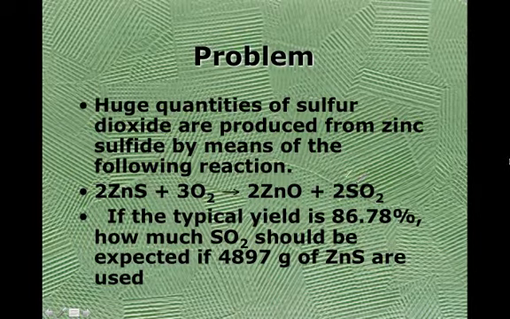So we're going to solve for A, over, we need to figure out the theoretical, so we can't use 4897 because that is not SO2, right? We need how many grams of SO2. So we need to convert the 4897 into grams of SO2.